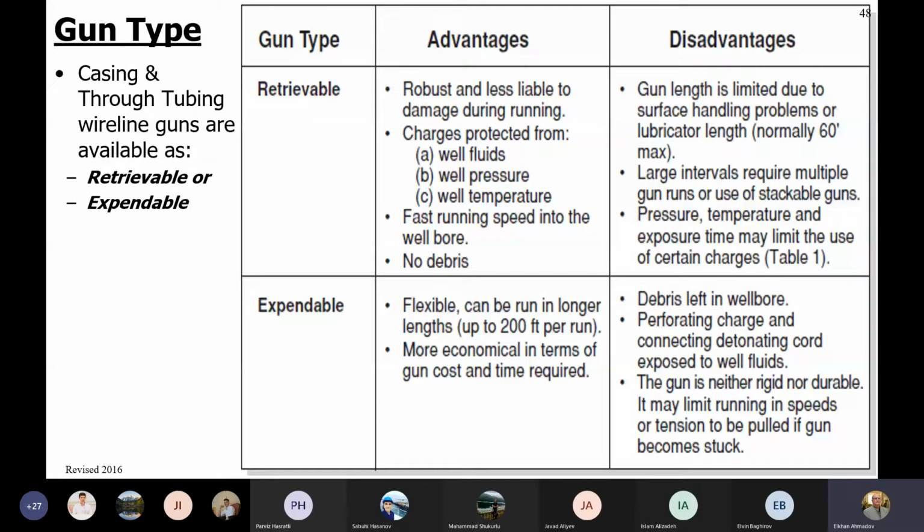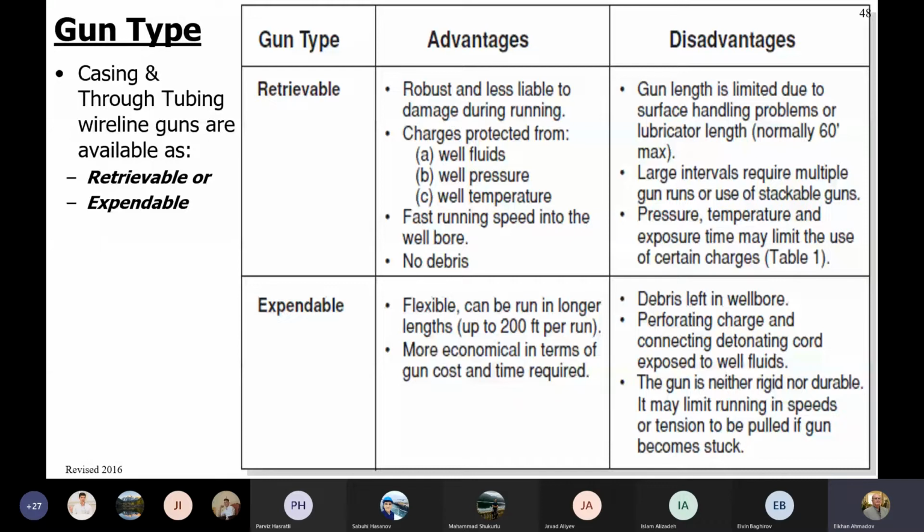And then we run it back, and we can check which charges were shot, and how the performance was of the gun system. So we can re-perforate if we need, or we can rearrange the charge gun arrangement if we need to.